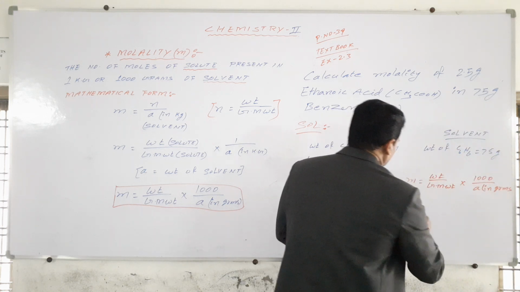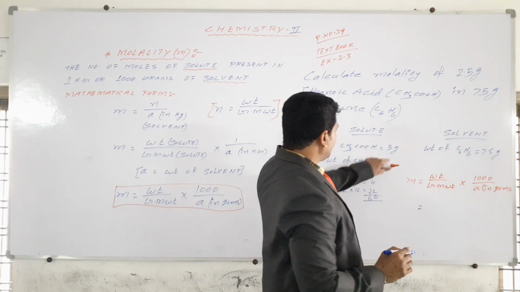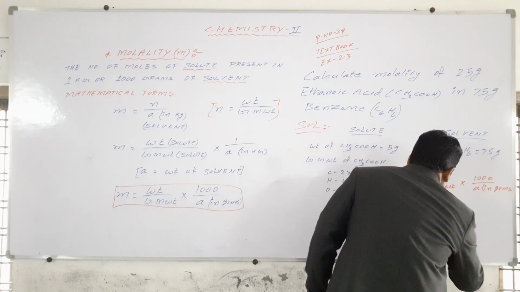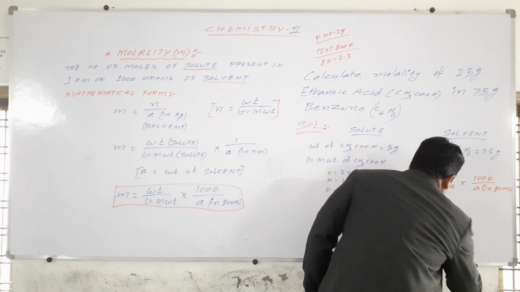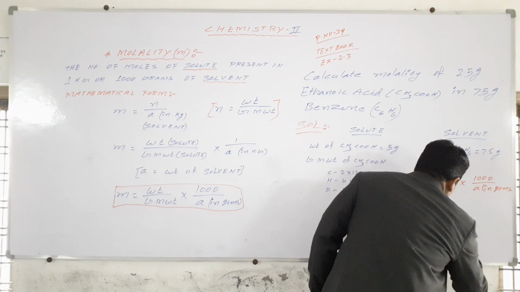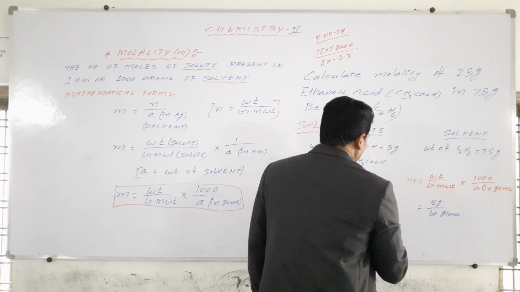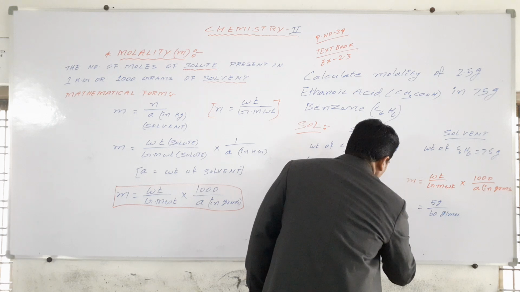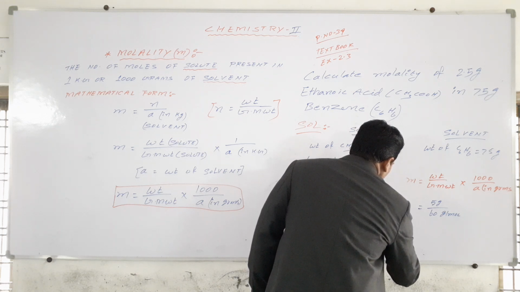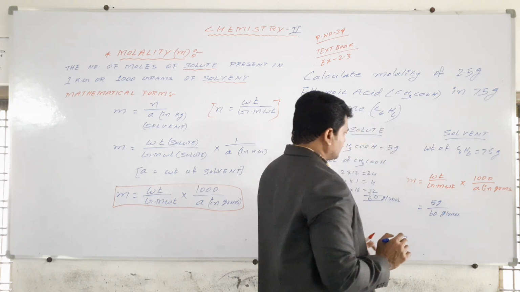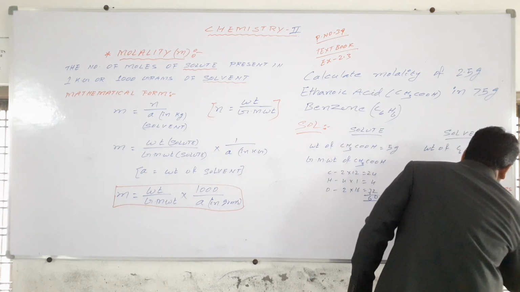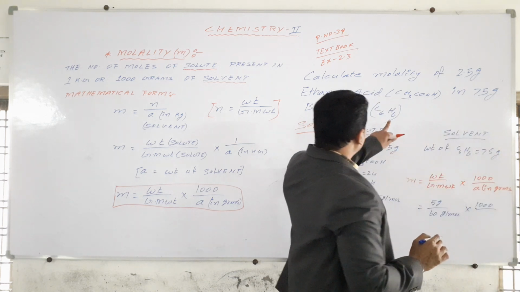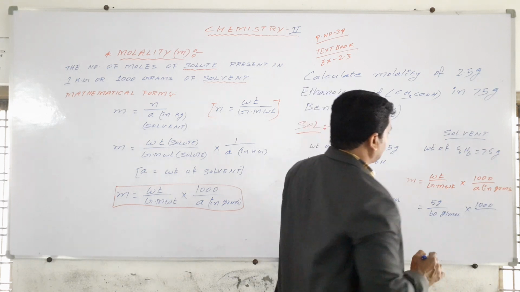So weight 5 grams by gram molecular weight 60 grams per mole into 1000 by 75 grams.